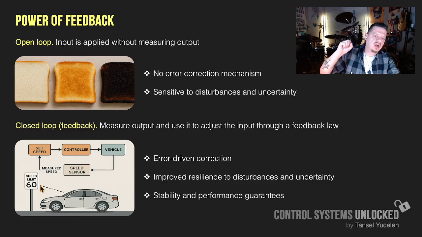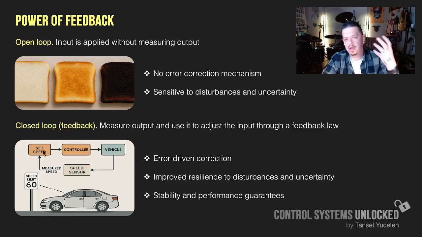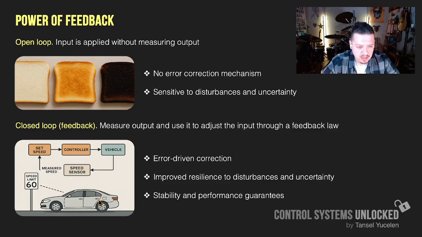We need to drive that error to 0, because if we drive this 3 miles per hour to 0, then our sensed speed will be 60 and it will match the set speed. In this case, the set speed is acting like a reference or a command to this car's cruise control setting.